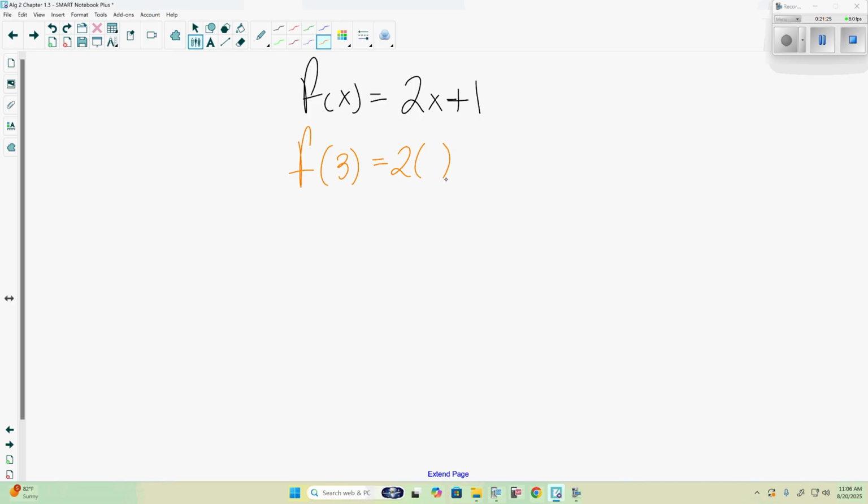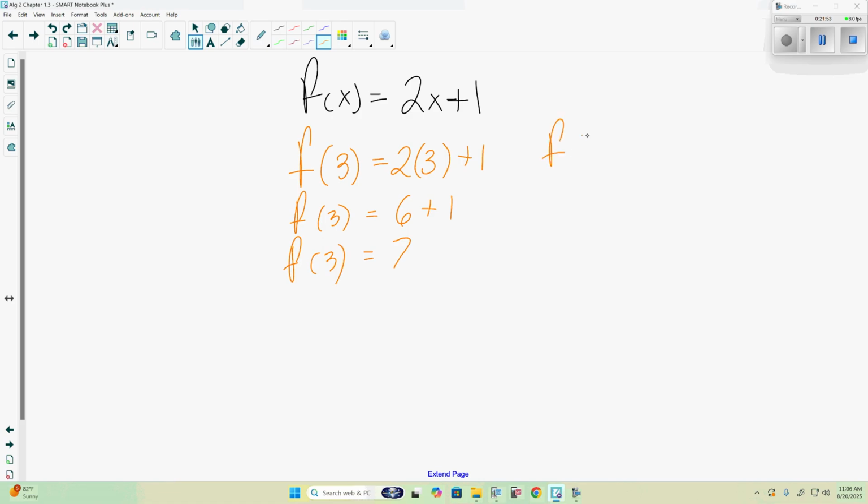Would I still have x anymore? We'd have 3, yes? Because this should be familiar. You should have done this, I think, in Algebra 1 function notation. So 2 times 3 is 6. 6 plus 1 is 7. So it tells us f of 3, when x is 3, the value is 7, yes?